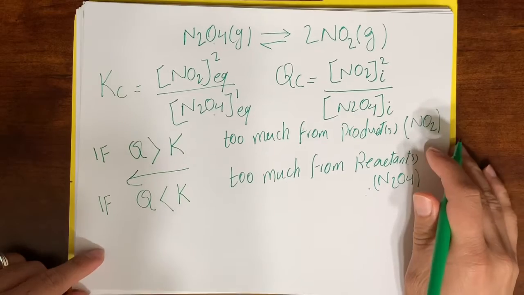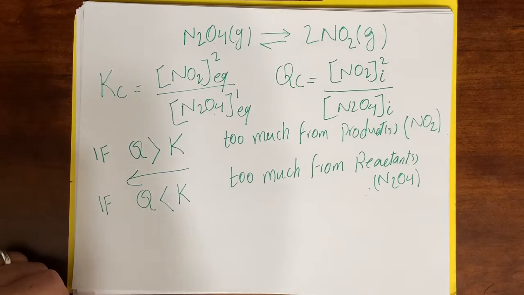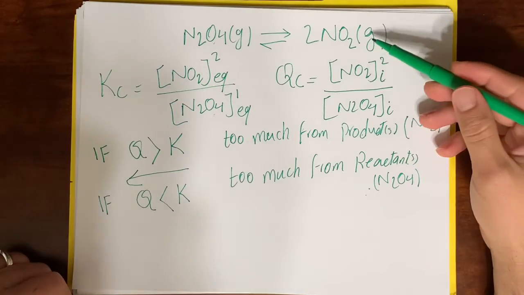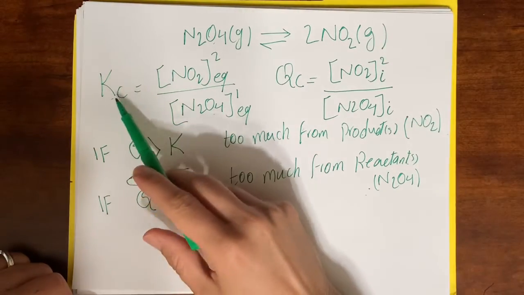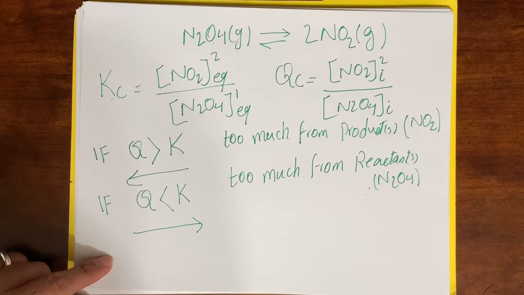So what do we need to do? That means we can still generate more product until we reach the equilibrium condition. So the reaction will go to the right side to generate more NO2, the product.